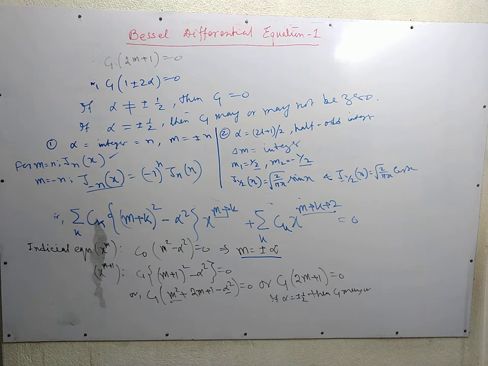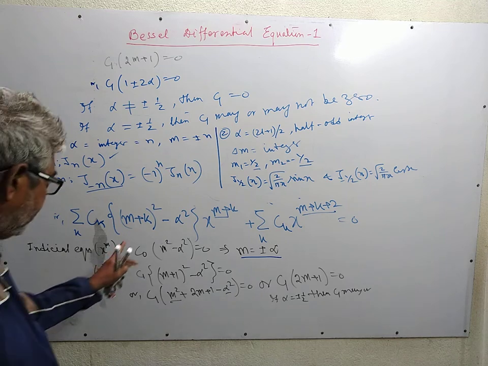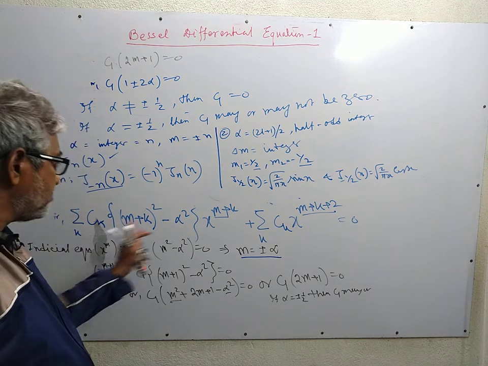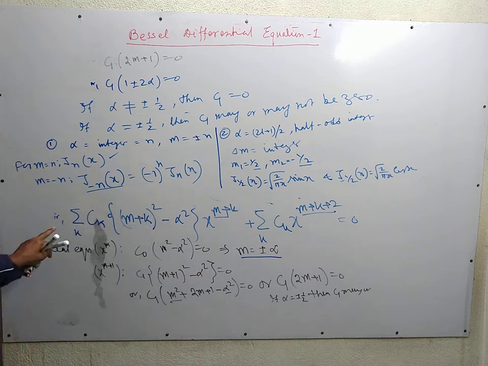So with this we conclude that for the Bessel differential equation, the indicial equation is very important, and here we can consider it as an illustration of the Frobenius-Fuchs second method. Now we know that m is equal to plus minus alpha, and we come to the recurrence relation. For the recurrence relation, we start with this.